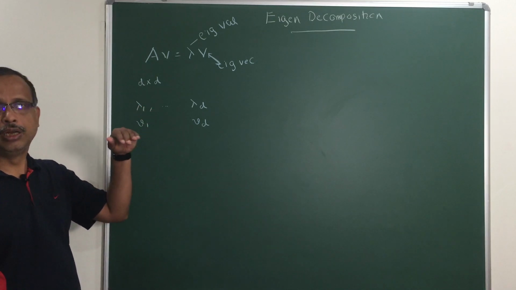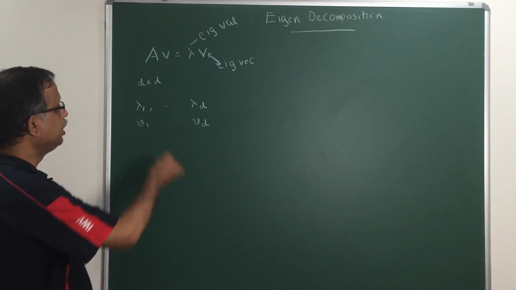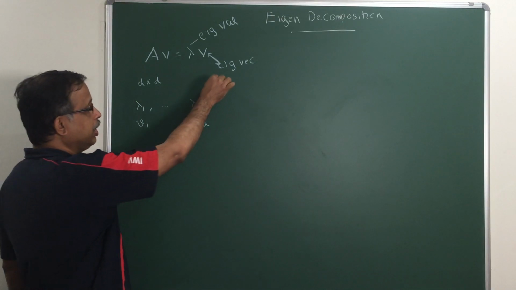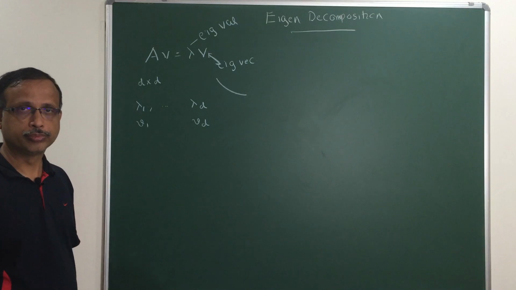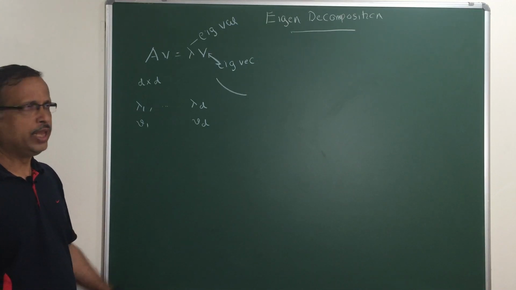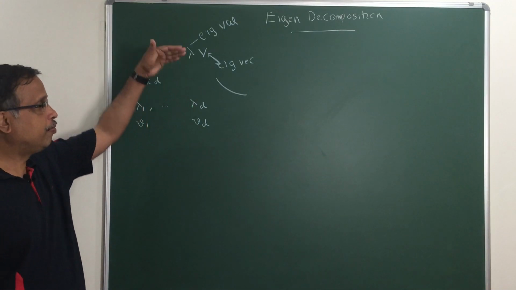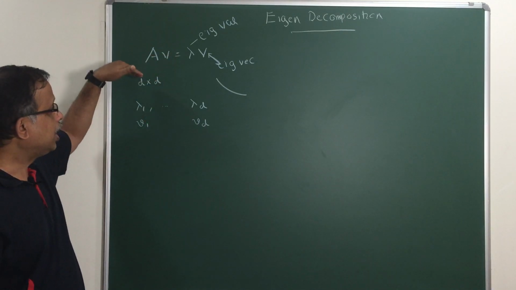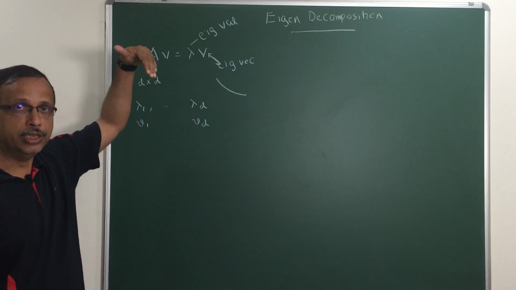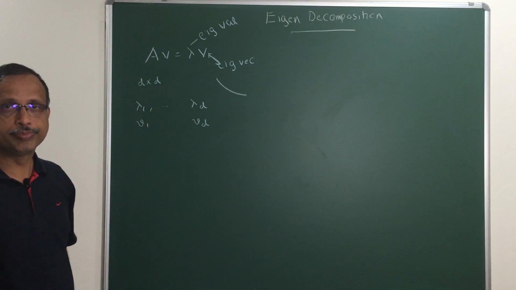Most of the numerical packages that you use for computing give eigenvalues in decreasing order. They need not be equal, and very often when the A matrix has certain structure, you start to see the eigenvalues decreasing very steeply.